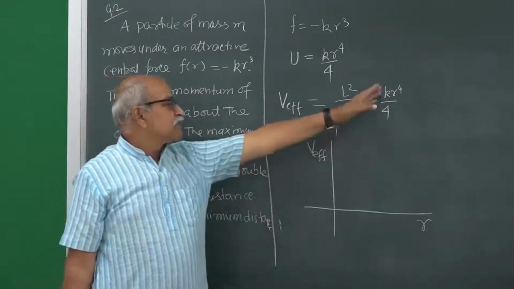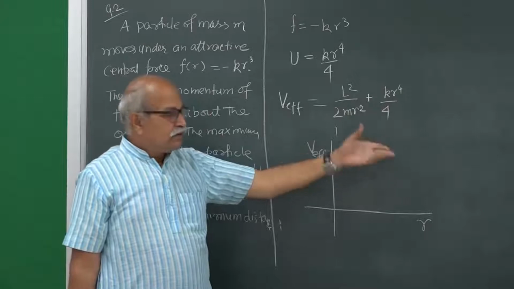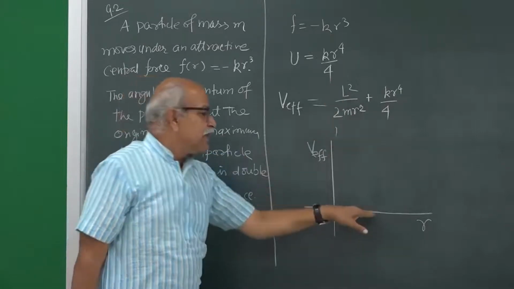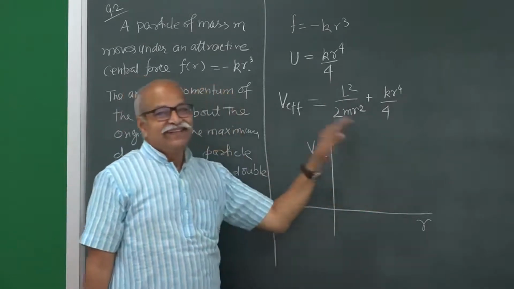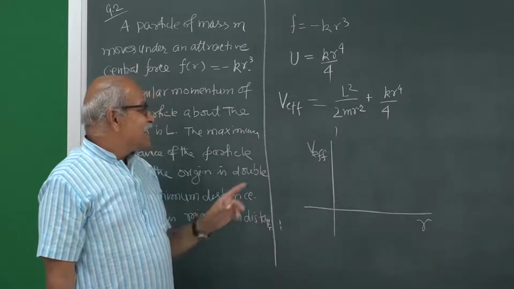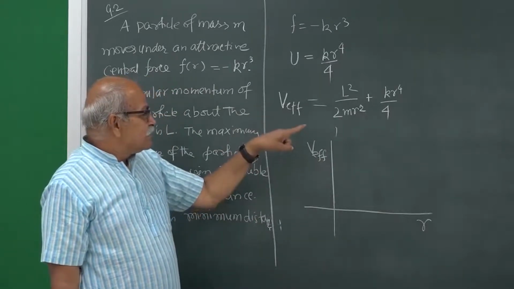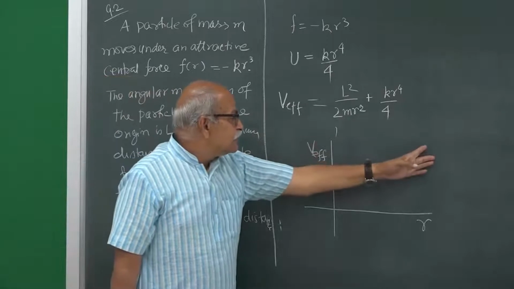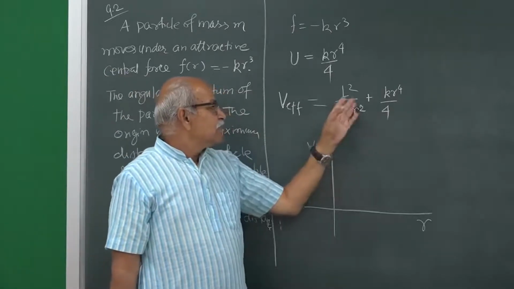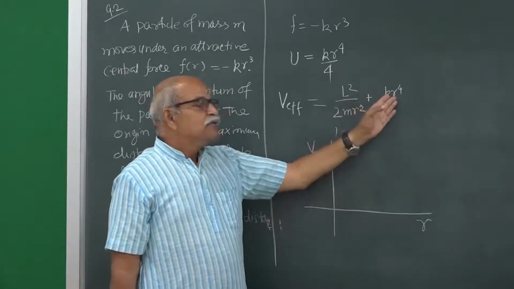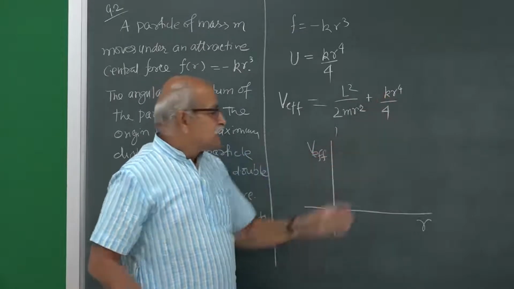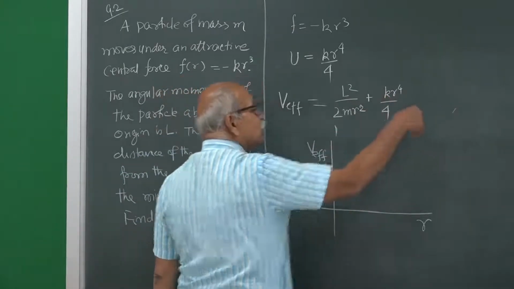All the time it is positive, r square here, r 4 here. I do not have to find the point where it crosses this r axis. And of course, I can look at the large r values. For large r values, this will be 0, but this will go to infinity. So, it starts from infinity and it goes up to infinity.